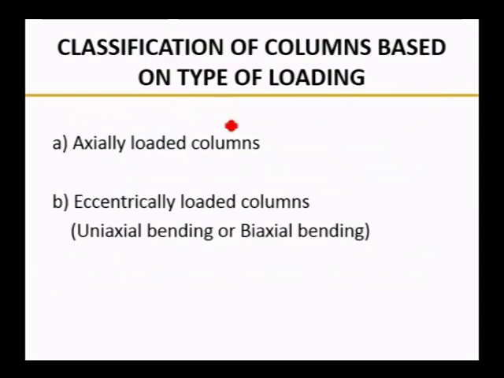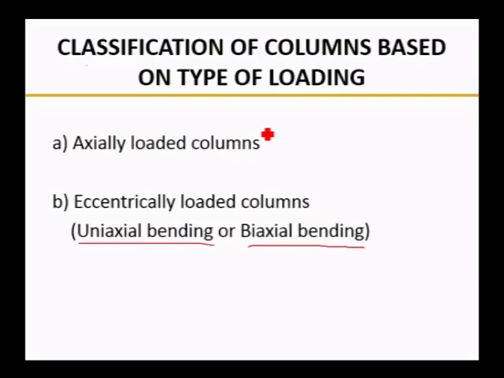Let us discuss how columns are classified. Classification based on the type of loading. There are two types of loaded columns. One is the axially loaded column, another is the eccentrically loaded column. In eccentrically loaded columns, there are two types: uniaxial bending and biaxial bending.